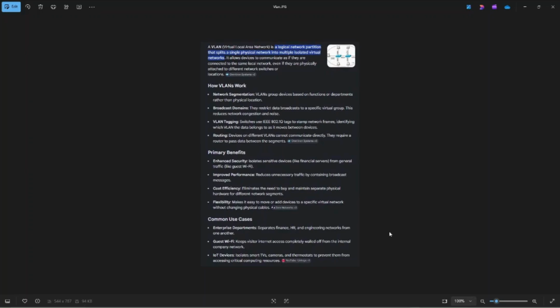Also, IoT devices: isolate smart TVs, cameras, and thermostats to prevent them from accessing critical computing resources. Like I said, it can be used to separate departments, or also to separate devices on the network. Like at home we have different devices nowadays, cameras, TVs, and thermostats. You can create a VLAN and put all these IoT devices on one VLAN.